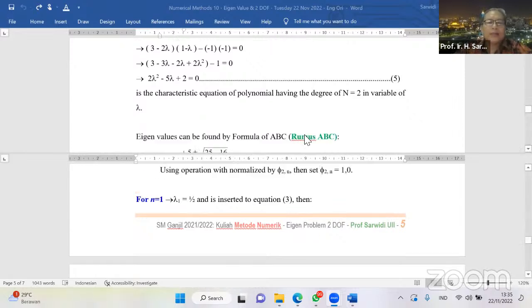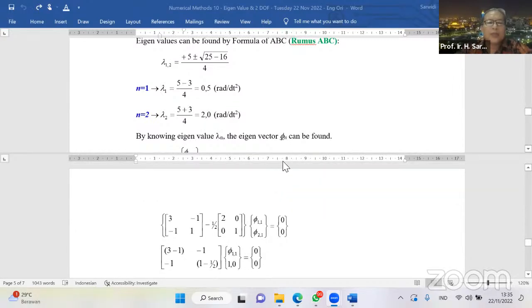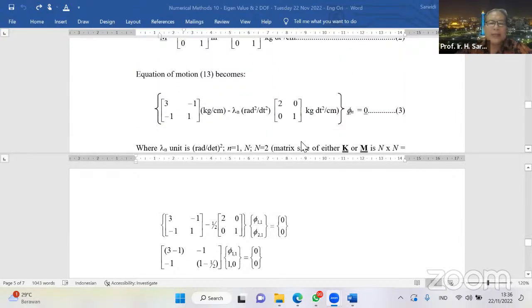Okay, and the first is equal to a half, 0.5, and put it in equation 3. If you put in equation 3 it becomes this one. Oh, sorry, equation 1.3. To pick up equation 1 here is this one.